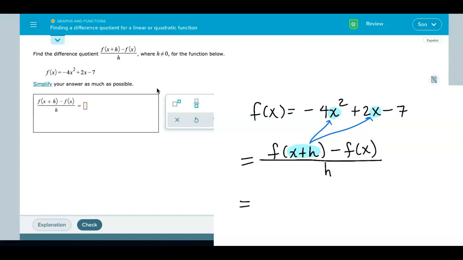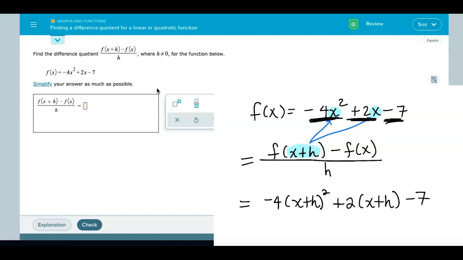So let's go ahead and plug in negative 4. Instead of x squared, write down parentheses x plus h squared. Keep going. We did this much. Do plus 2 times x plus h and then minus 7. So if you plug this x plus h into these two positions, it turns into something a little bit longer, right?